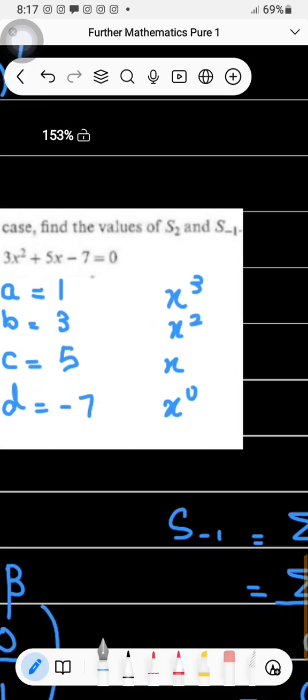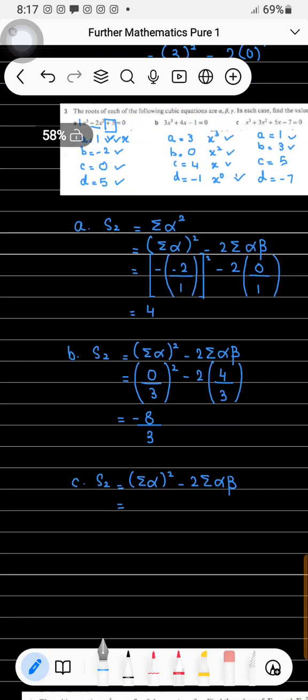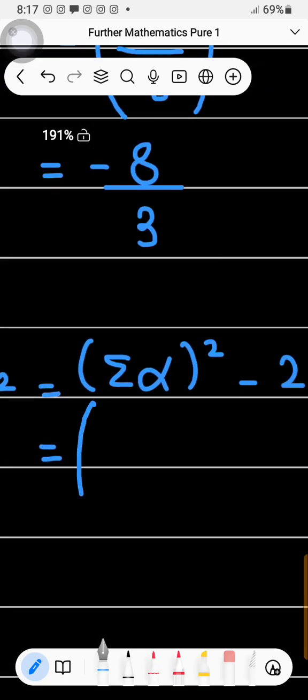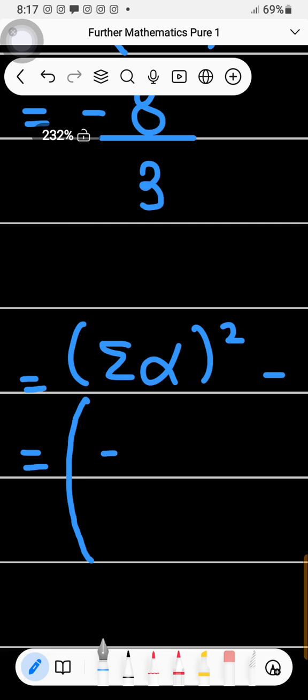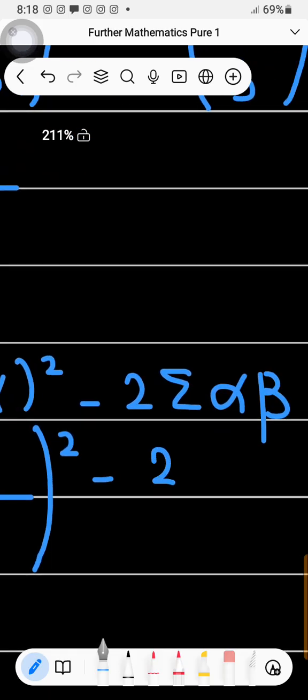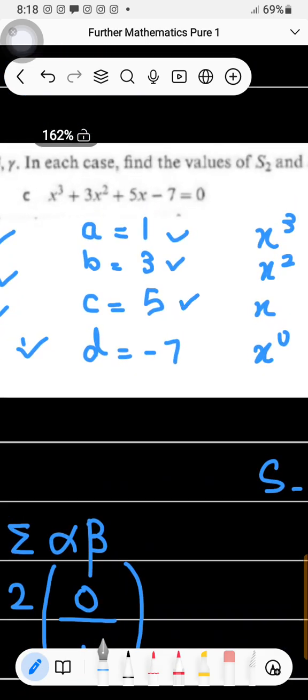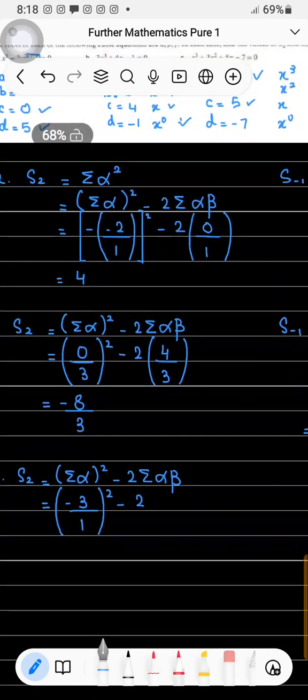Negative b means negative 3, and a is 1. It means negative 3 upon 1 whole square minus 2 sum of alpha beta. It means c upon a. C is 5 and a is 1.